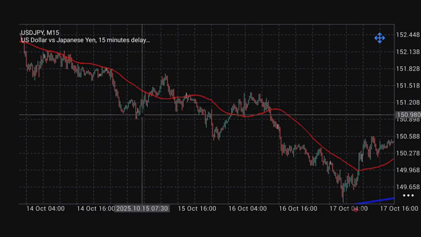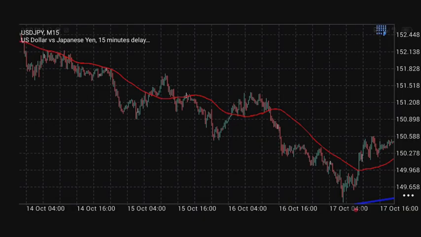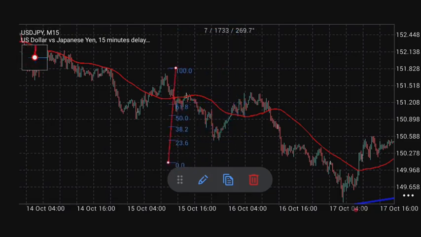Let's assume that I want to use my Fibonacci tool to trade on the 15 minutes time frame. So I'm just going to bring out my Fibonacci tool. Let's say I want to trade at this point.